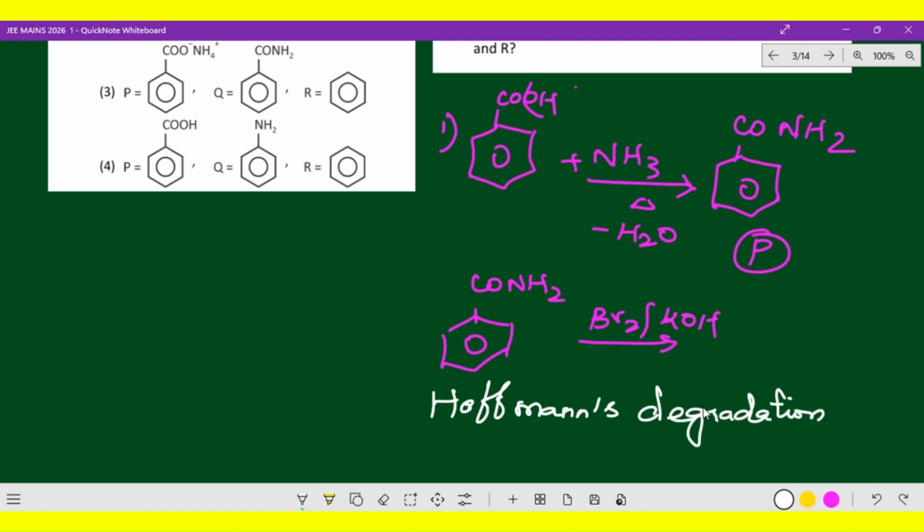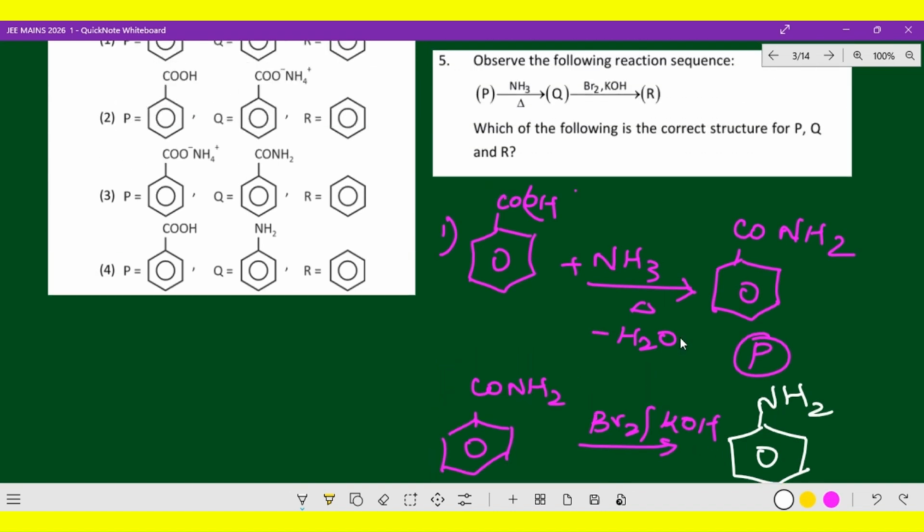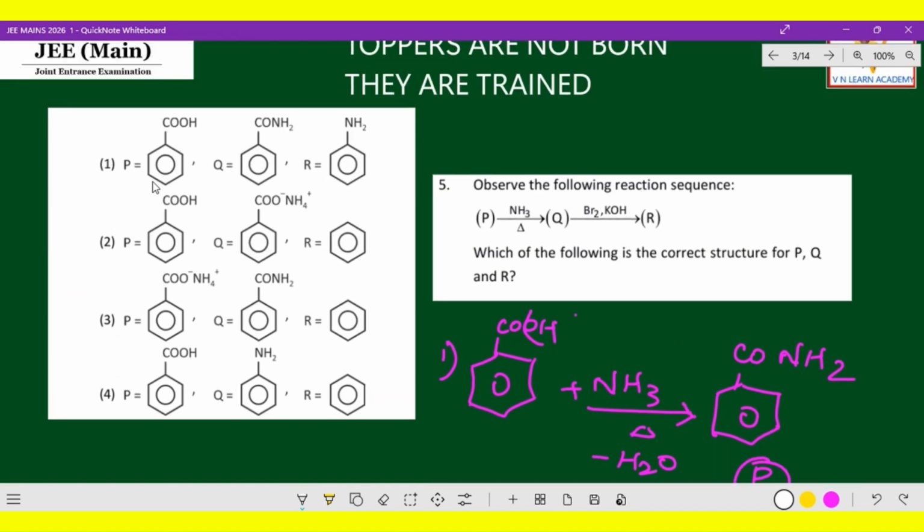Degradation usually releases 1 carbon. Generally, if for example 6 carbons are there, only 5 carbons will be in the product. That is a simple key. So here Br2 releases KBr, and carbon dioxide also releases 1 carbon, so it is reduced, right? Already I mentioned. So you will get NH2, and aniline is that compound. So option A, that means option 1, is correct.